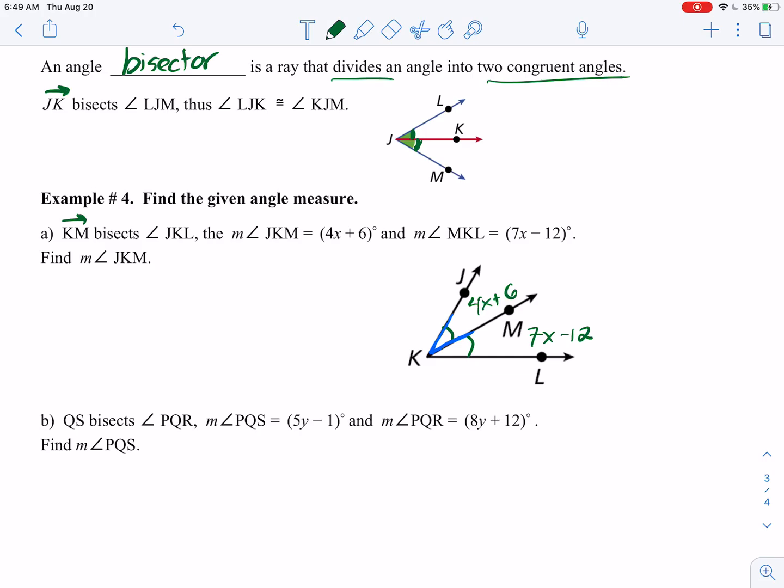And if these two angles are congruent, just set them equal. Congruent means the measures are equal. So set 4x plus 6 equal to 7x minus 12. Start isolating your variable. Move the 3x to the other side.